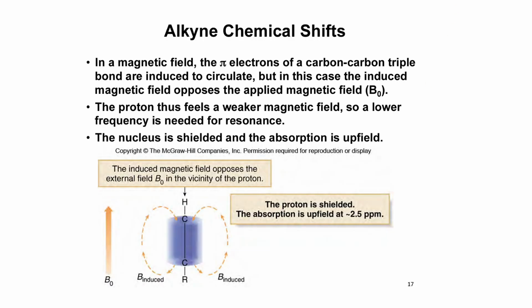In a magnetic field, the electrons of a carbon-carbon triple bond are induced to circulate. In this case, the induced magnetic field opposes the applied magnetic field B0, like we already saw. So the proton feels a weaker magnetic field, and a lower frequency is needed for resonance. The nucleus is shielded, and so the absorption is higher.